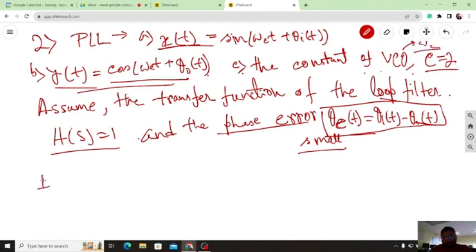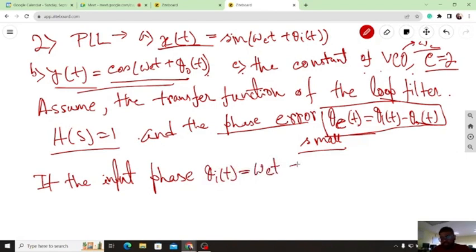So if the input phase theta i of t is a function of the frequency plus some phase phi 0, then what is the steady state error?